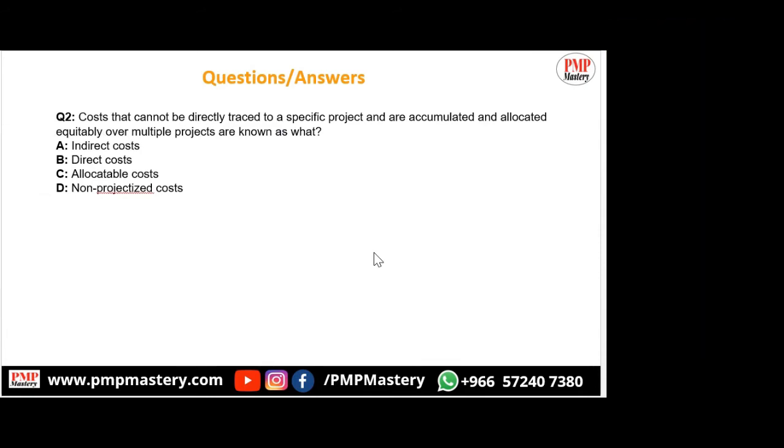Costs that cannot be directly traced to a specific project and are accumulated and allocated equitably over multiple projects are known as what? A. Indirect costs, B. Direct costs, C. Allocatable cost, and D. Non-projectized costs.